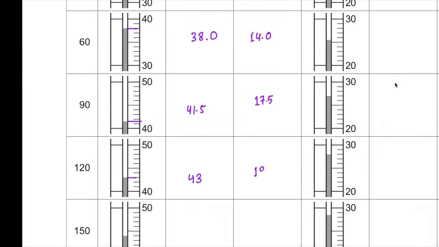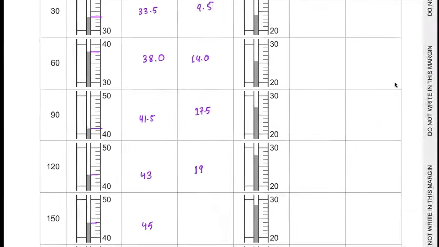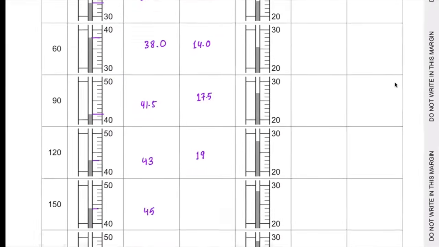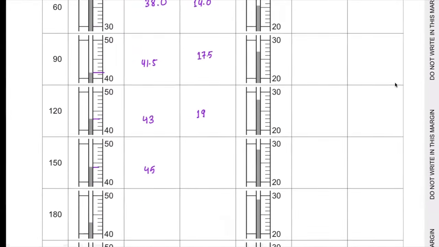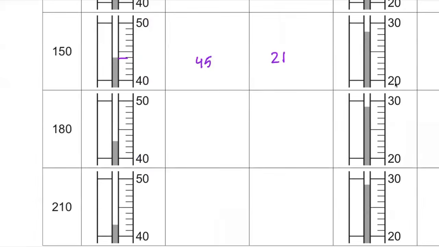So the difference is 19. Then at 150 seconds, it's 45. So 45 minus 24, is it 21? Then at 180 seconds, it starts to fall again, right? And it is 43 again.